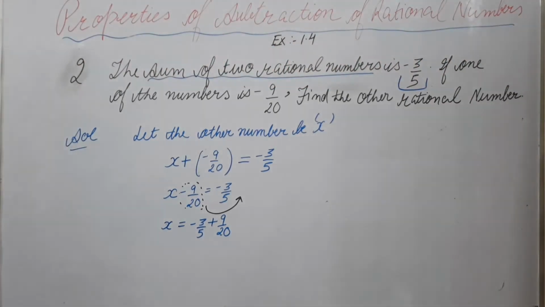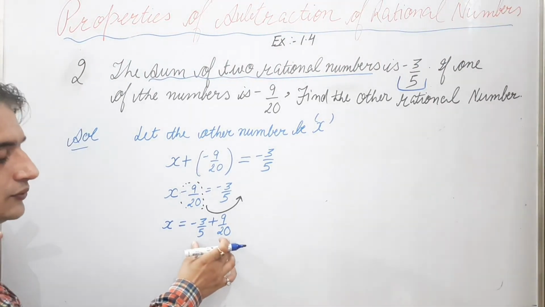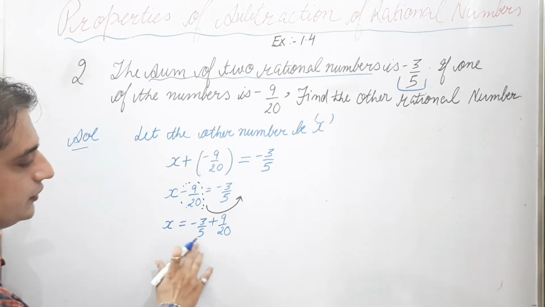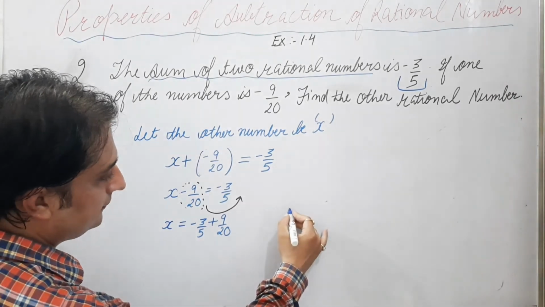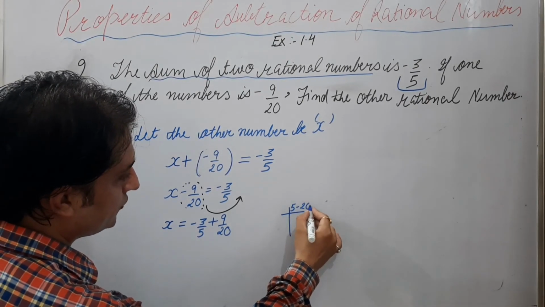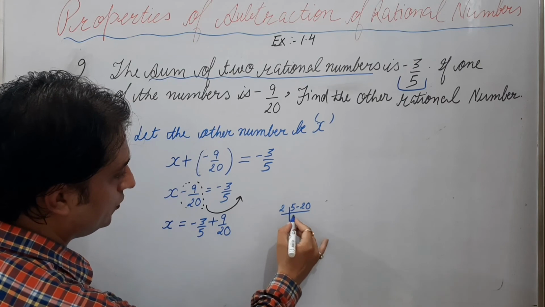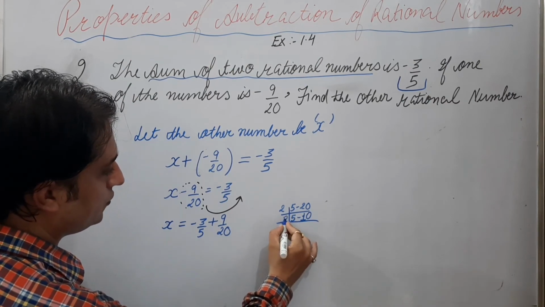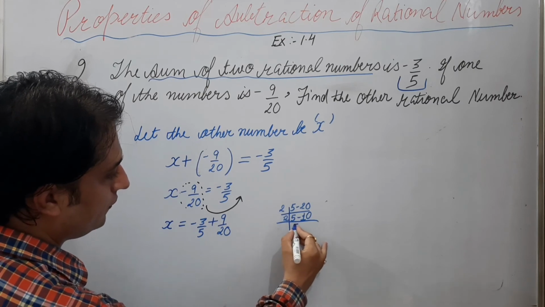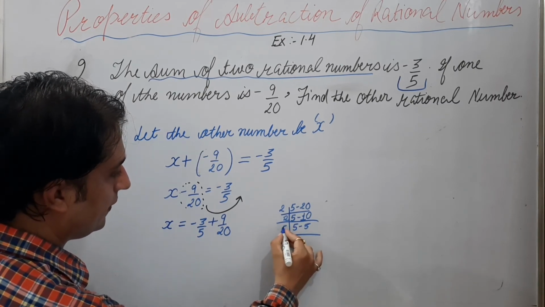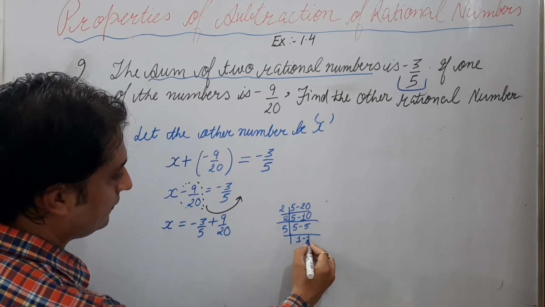So plus 9/20. Again simplify it with the help of the LCM of the denominators 5 and 20. Starting with the lower prime number 2: 2, 5 as it is, 10; again 2, 5 as it is, 10; again 5, 5 1s are 5.